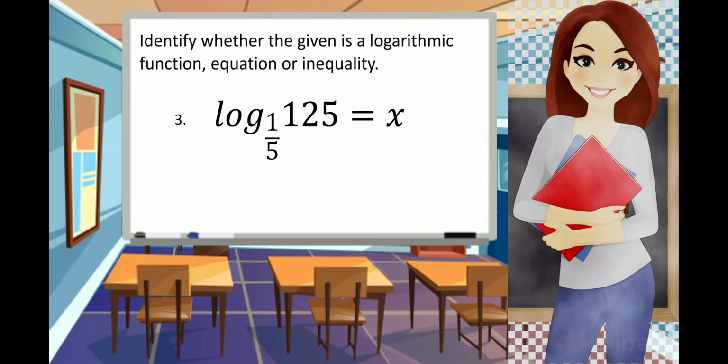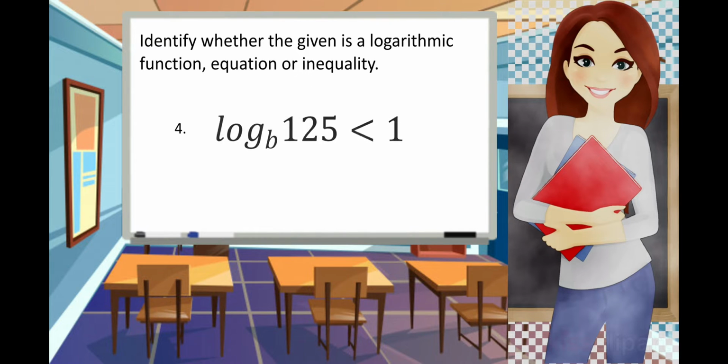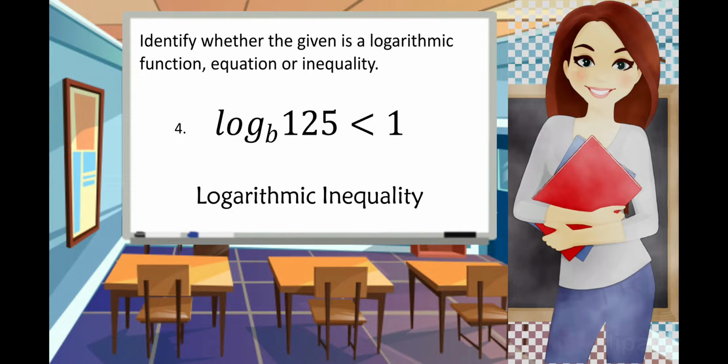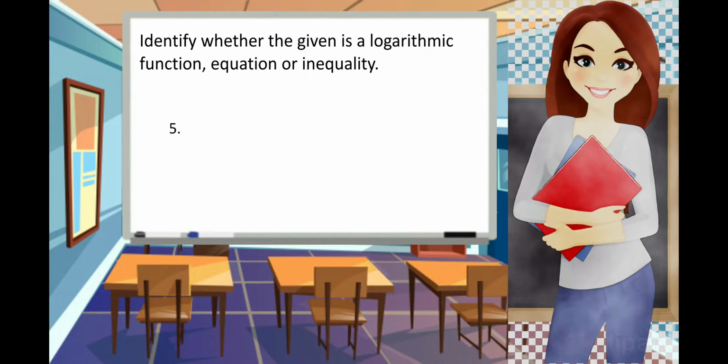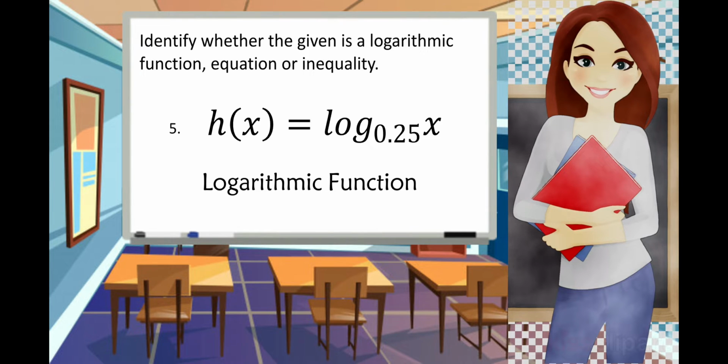Number 3, the logarithm of 125 to the base 1 over 5 is equal to x is a logarithmic equation. The logarithm of 125 to the base b is less than 1 is a logarithmic inequality. And h of x is equal to the logarithm of x to the base 0.25 is a logarithmic function.